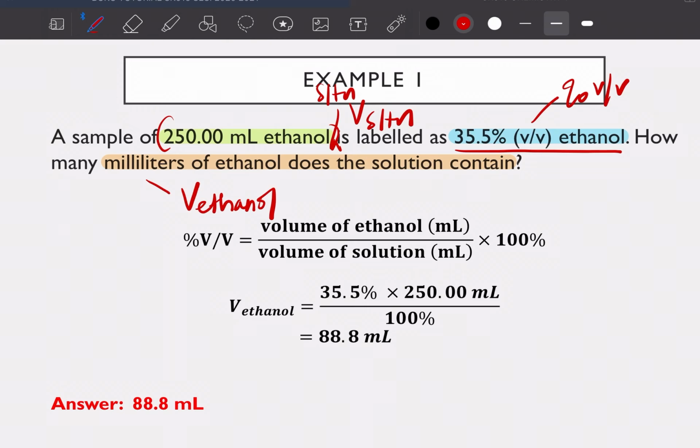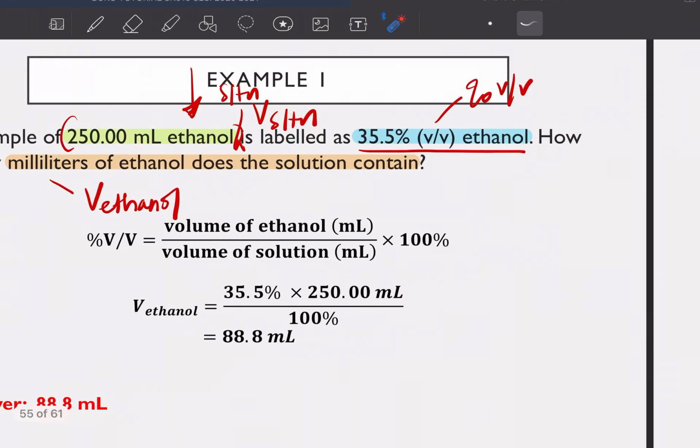So this is the ethanol solution. This is the trick. If you overlook it like I did just now, you can make a mistake. Alright. So now that we know this is the volume of solution and volume of ethanol, and this is the percentage by volume of ethanol, we just insert into this formula and we can get the volume of ethanol within that solution. Okay, so we get the answer.